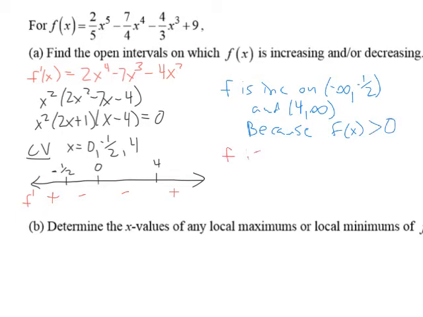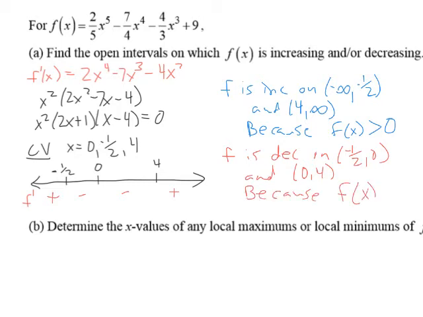And then f is decreasing on negative 1/2 to 0 and 0 to 4, because f prime of x is less than 0. I missed that prime up here. F prime of x. Alright, so there you have it, our increasing and decreasing behavior.